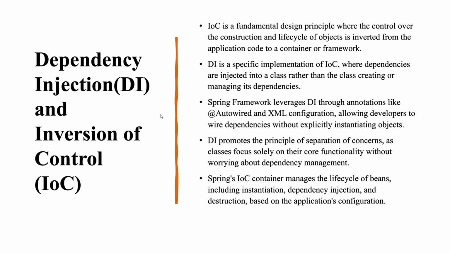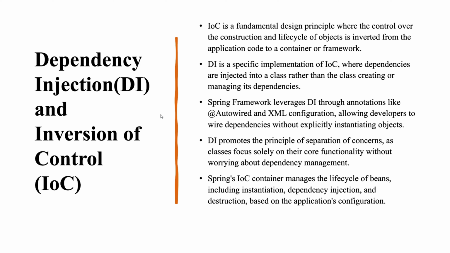First of all, component. It's a generic stereotype annotation used to annotate classes as Spring-managed components, indicating that they will be auto-detected and registered by the Spring container. And service, which is a specialization of component and is typically used to annotate classes representing business logic or service components in the application.